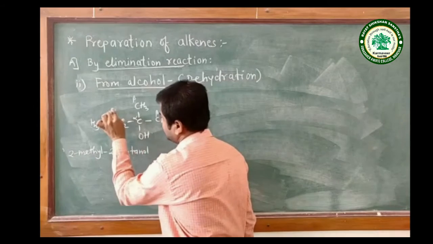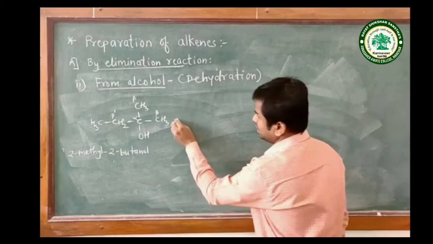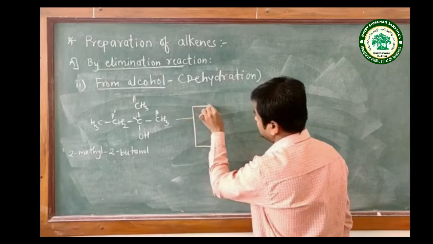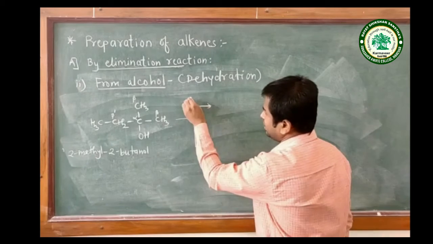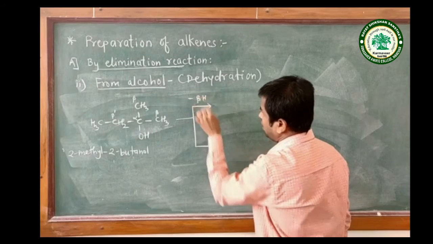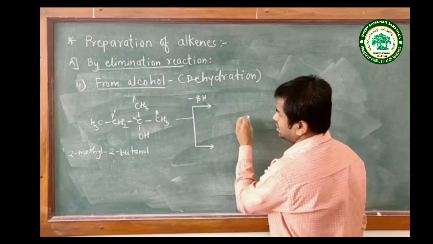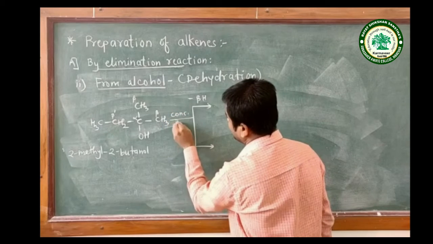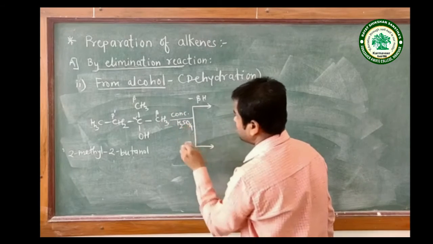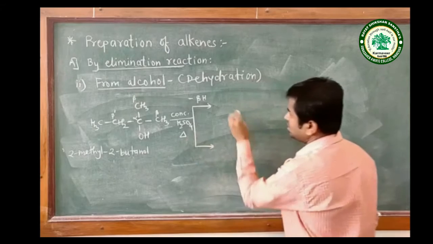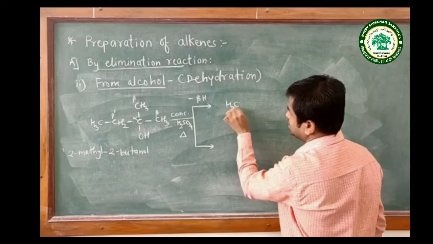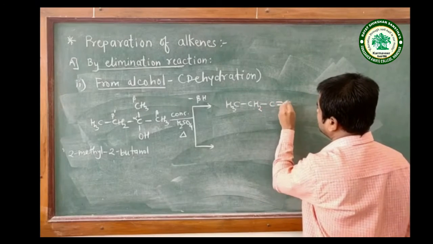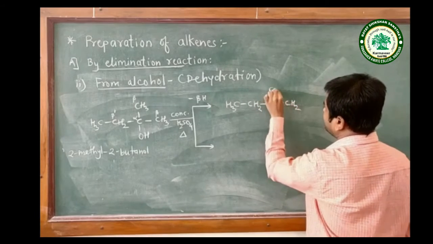So we write it as a beta prime. Okay. So there are two different types of beta hydrogens in this molecule. So when a beta hydrogen is lost in an elimination reaction, the product obtained is this one.